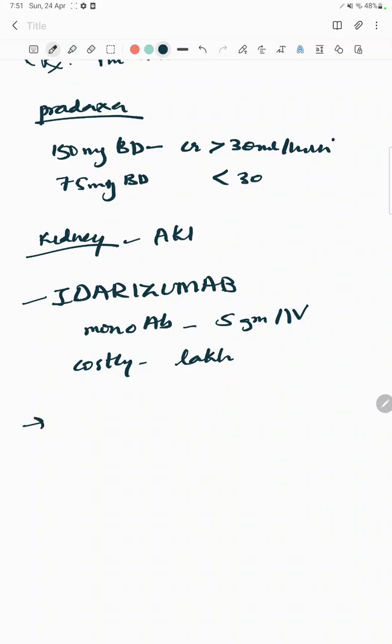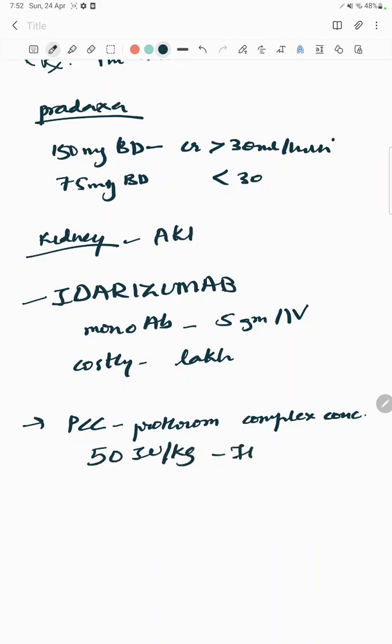So what we have at hand is PCC, also known as prothrombin complex concentrate. This is easily available in your hospital, so you can use it at 50 international units per kg IV single dose, only to reverse this bleeding that has occurred with Dabigatran.